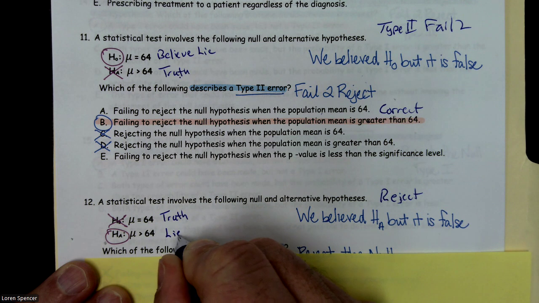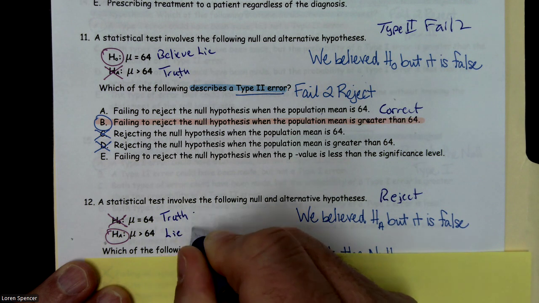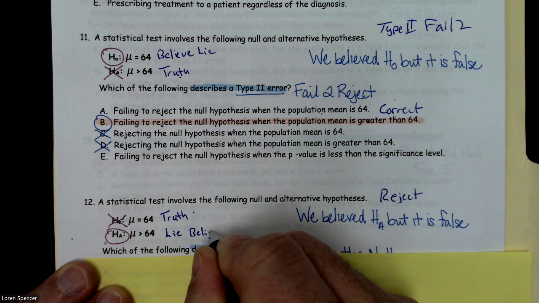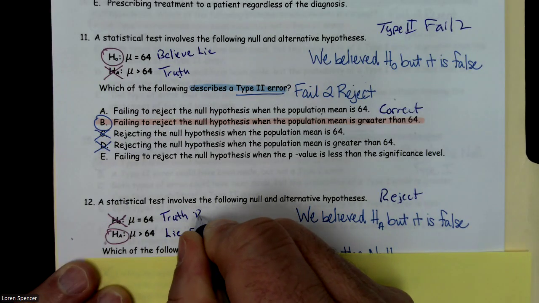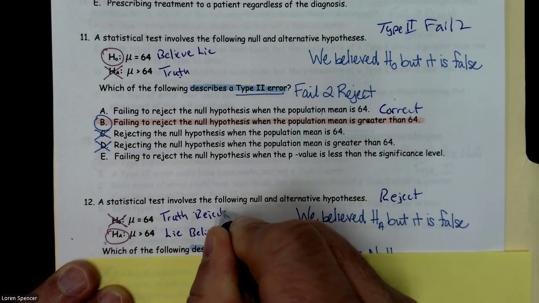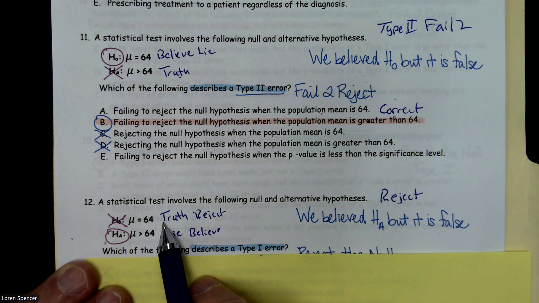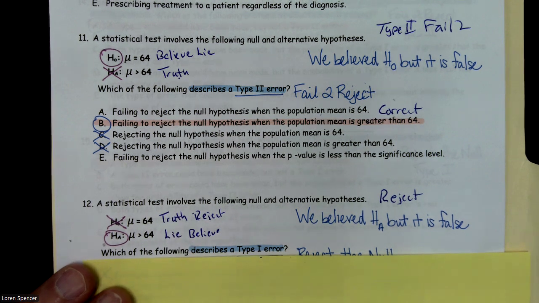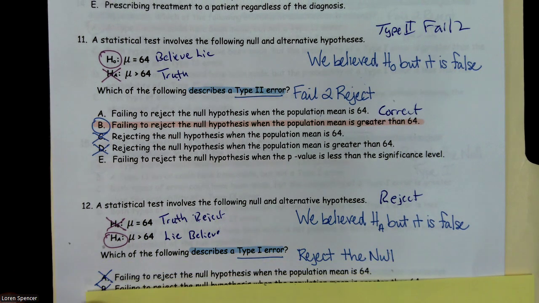This is the lie. But we reject the true and we believe this. So we rejected the 64. We believe this. So we rejected that it was 64 and it was actually the truth.